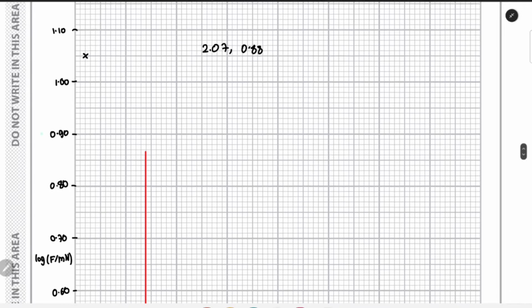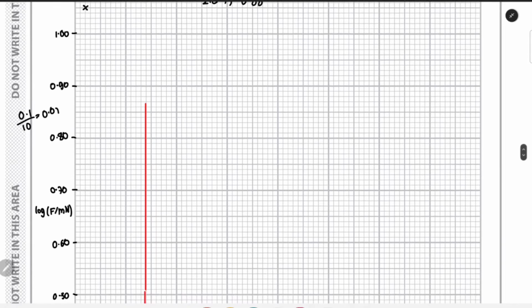Each 10 box in the y-axis represents 0.1 units, so each small box is 0.01. So 1, 2, 3, 4, 5. This is 0.85, 86, 87, 88. That's our point.